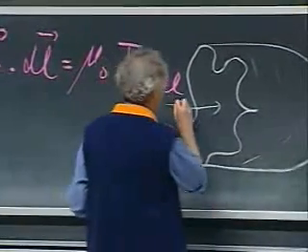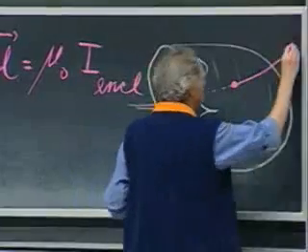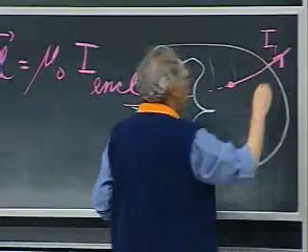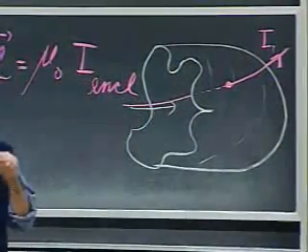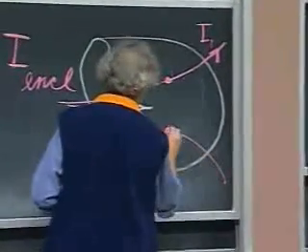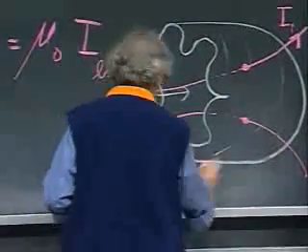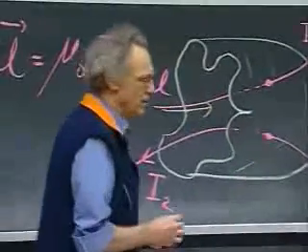Because if I have a current that goes through this surface and pokes out here, then I have a current penetrating a surface, and that is uniquely defined. And if I have another one coming in through the surface, call it I2, this is penetrating that surface.